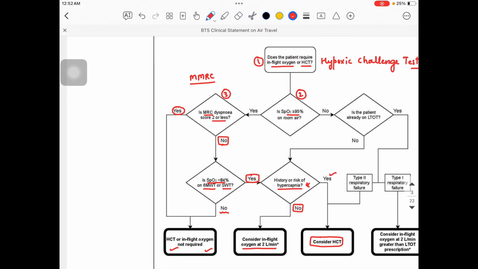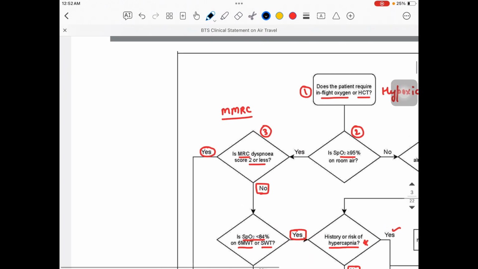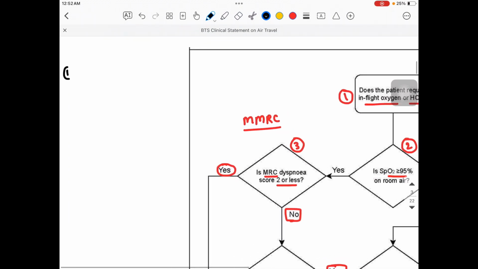So, till now, let me summarize it here itself. First question: whether this patient needs in-flight oxygen or hypoxic challenge testing.